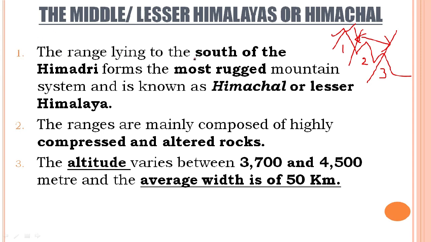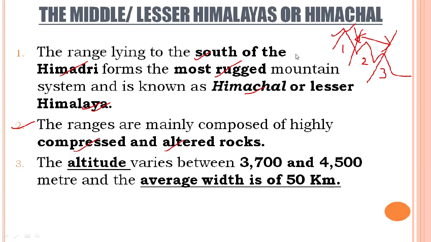The range lying to the south of the Himadri forms the most rugged mountain system and is known as Himachal or Lesser Himalayas. As we have already seen, it lies south of the Himadri. Second, the ranges are mainly composed of highly compressed and altered rocks.